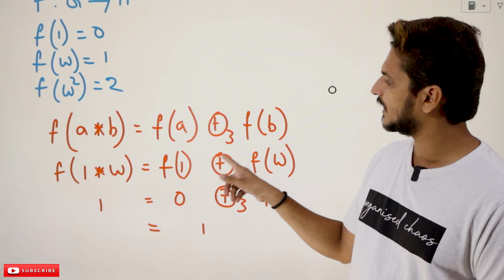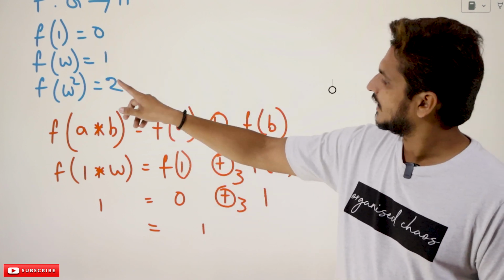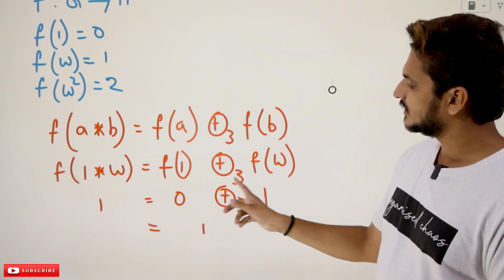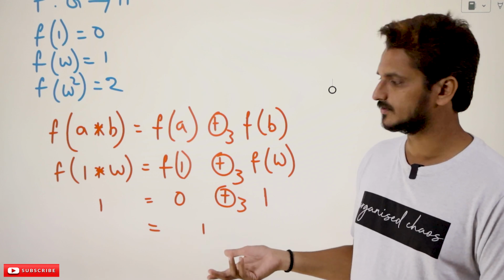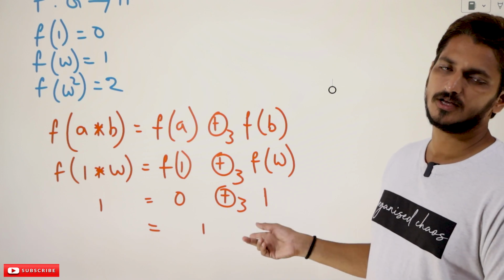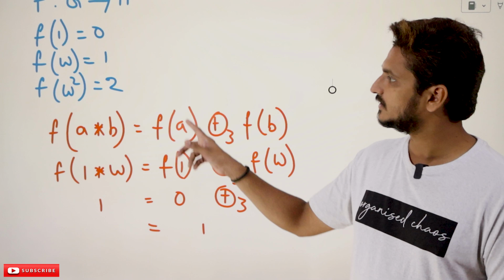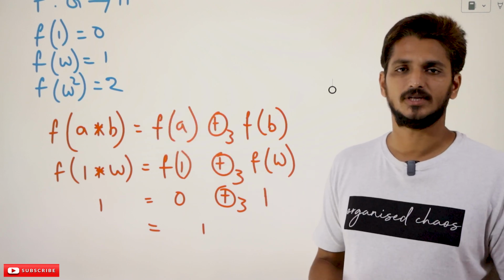F of B means F of omega, which is 1. In between these two you apply addition modulo 3, which is what homomorphism says. 0 plus 1 modulo 3: 1 modulo 3 is 1. So we got the same values. It is satisfying this condition, so it is a homomorphism.